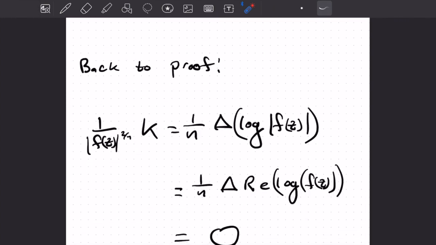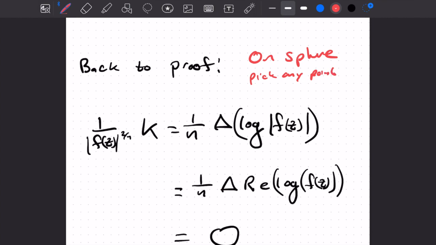Okay, so back to our proof. So we're on the sphere. And so we can take the curvature at any point. So pick a point, any point. And then we have, okay, so what is our curvature? We have our curvature. This is some positive number. We can rewrite this using our metric. So this is fact number 3 here.